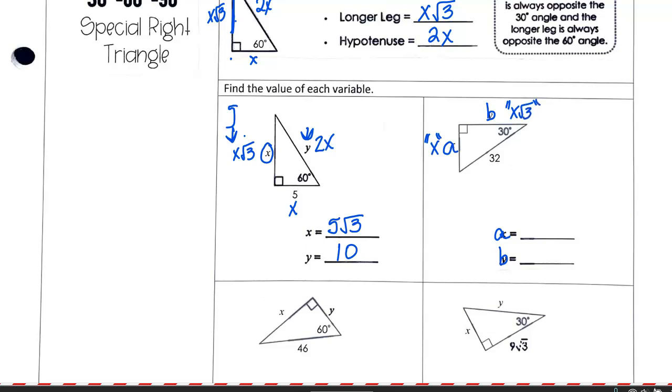And then across from here is our 2X. So you'll see the number we're given is our 2X. So we're going to solve for X. So 32 equals 2X. And that means that X equals 16. So A would be 16 and B would be 16 square root of 3.